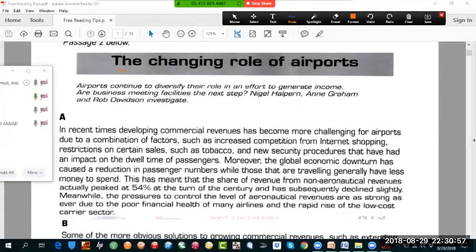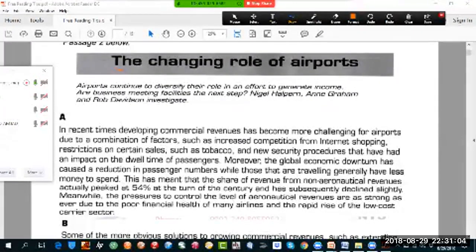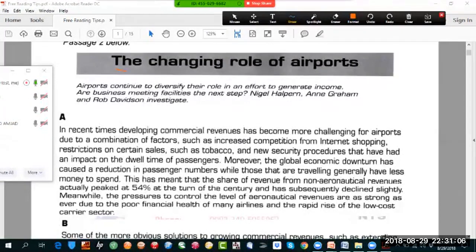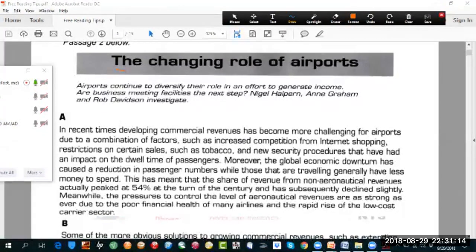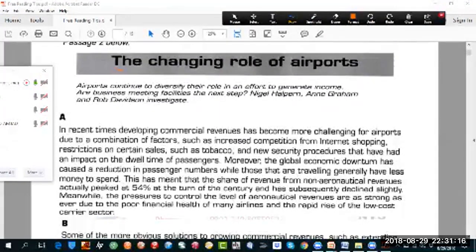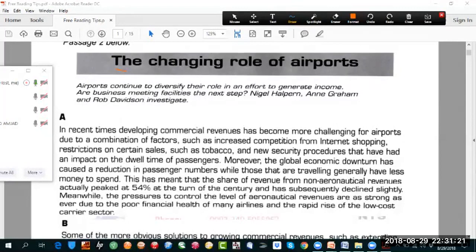It is saying that on airports there used to be some markets, or you can say some duty-free shops. These shops help airports to generate income apart from the income they get from airplanes landing and taking off.